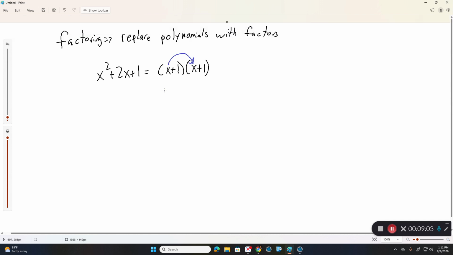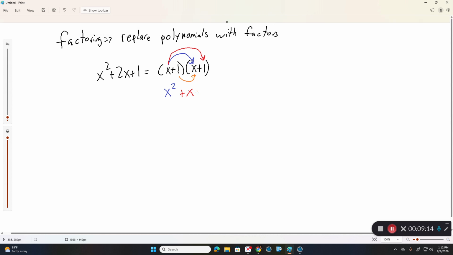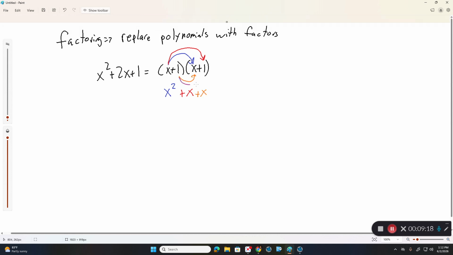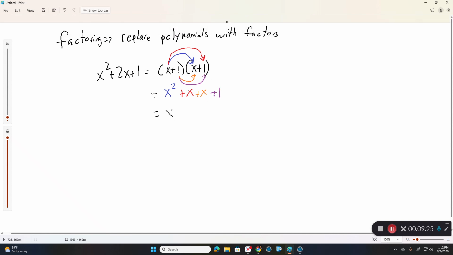If you allow me to distribute these things apart, there's x squared plus x plus x, first, outer, inner, last, plus 1. Notice altogether, we get x squared plus 2x plus 1. So the question is, how do we go from this expression to this expression?